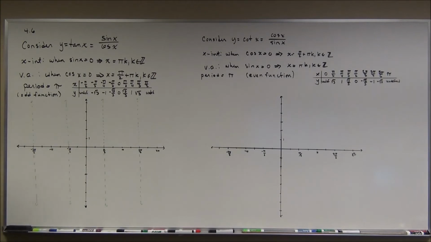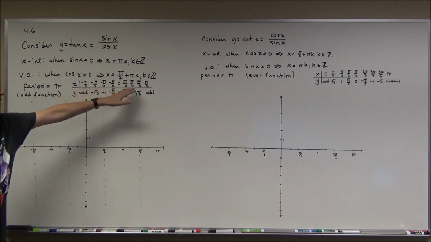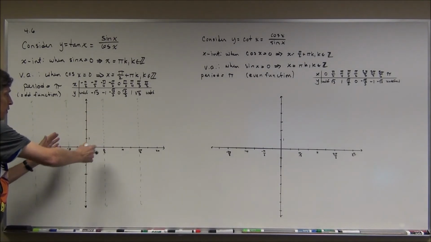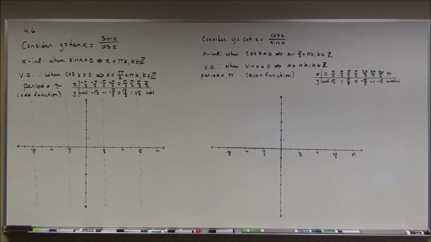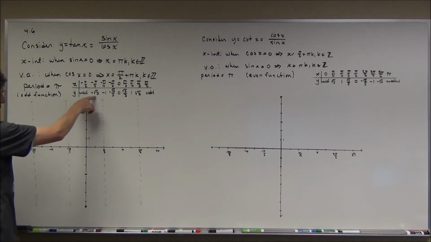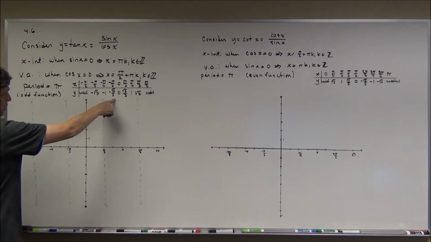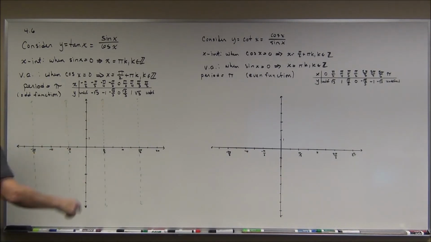So I have these as my vertical asymptotes, at least on this part of the graph that I have. Now I have picked x values that are in this interval between these two vertical asymptotes. I'm going to graph those, and then I'm going to try to draw a smooth curve to reflect this. Now remember, that the square root of 3 is about 1.732. So the square root of 3 divided by 3 would be about 0.6.